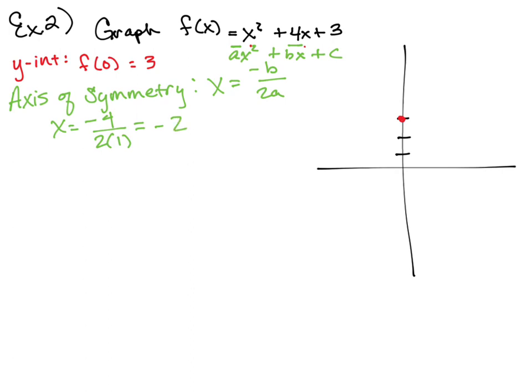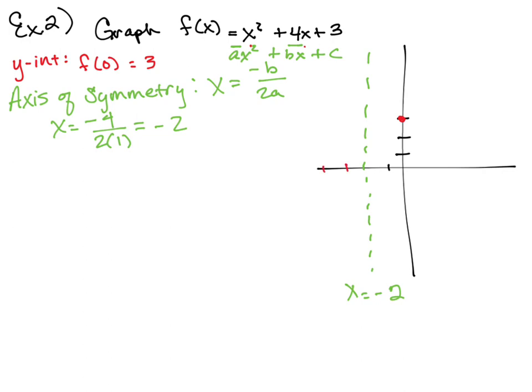So you're going to go ahead and sketch that out on your picture, and that's a vertical line that goes all the way through the x-axis. X is equal to negative 2. And my favorite, after I know the y-intercept and the axis of symmetry, is to mirror that dot that was 2 away and up 3 from the axis of symmetry.